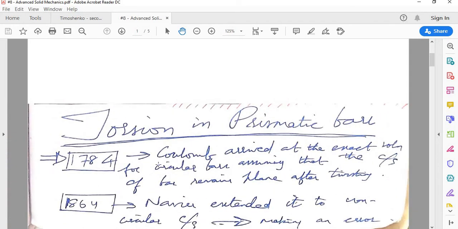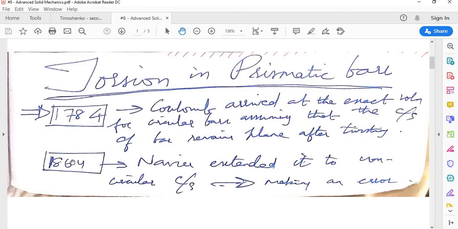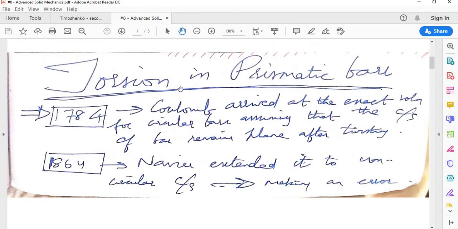Torsion was first studied in 1784 by Coulomb, and he arrived at the exact solution for circular cross section bars. Further, the study on torsion was taken up by Navier in 1864. Whatever theory was utilized by Coulomb, it was extended by Navier for other cross sections which are non-circular, because remember, Coulomb studied only circular cross sections.